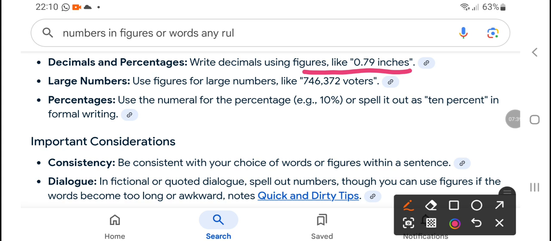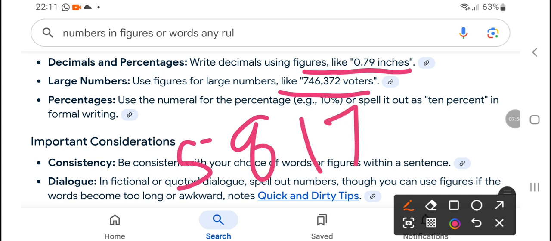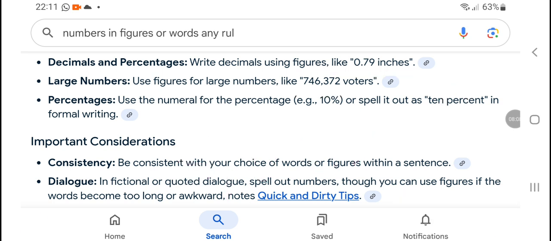Now large numbers: use figures for large numbers like the one I told you in the beginning, 581700. That's ones, tens, hundreds, thousands, ten thousands. This is the Indian system. This way also you can write it, in figures with commas.